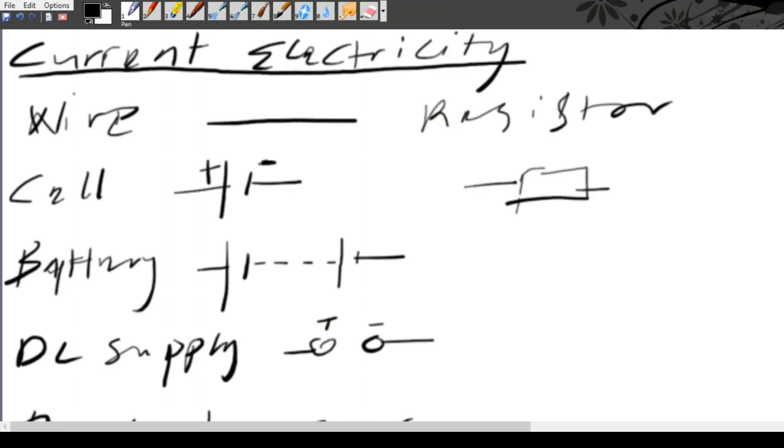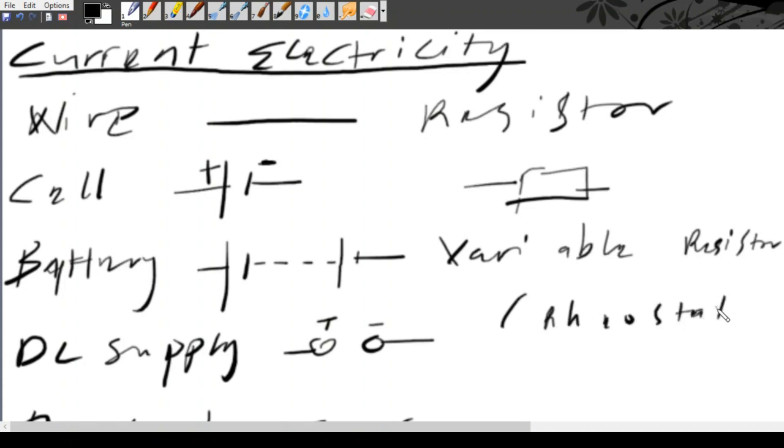Then let us look at the variable resistor, which is also referred to as the rheostat. And the symbol of this.